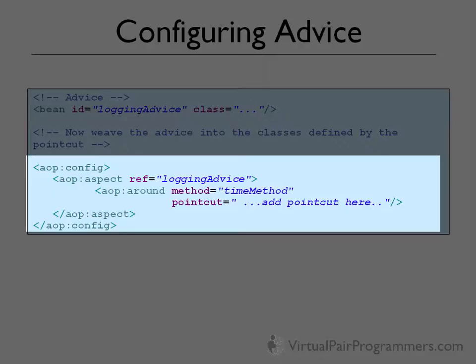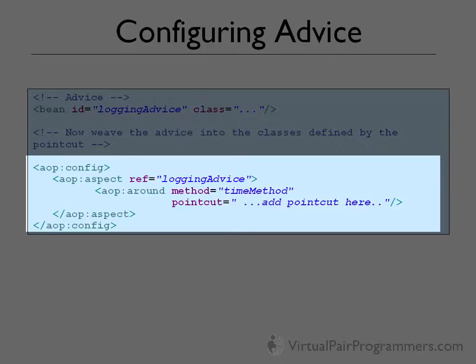The AOP:config tag allows me to define the configuration of all of my aspects. Now, I must stress, this is quite an important point, that the end result of using these tags is exactly the same as we had in the previous chapters.